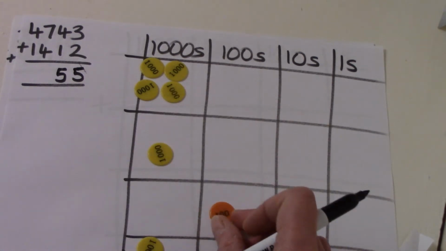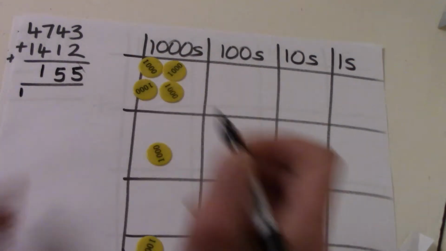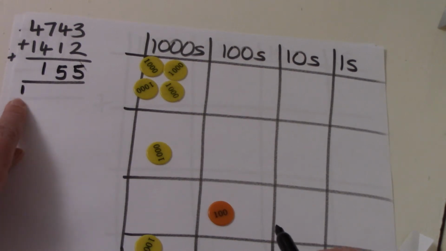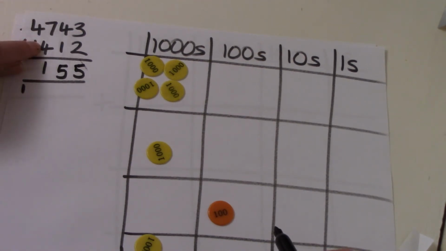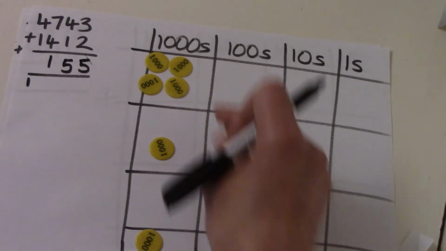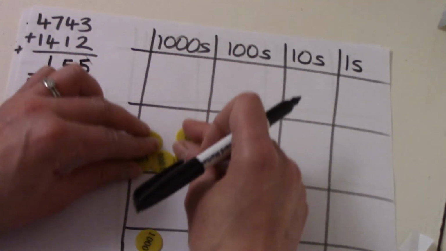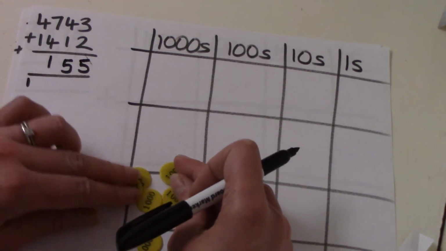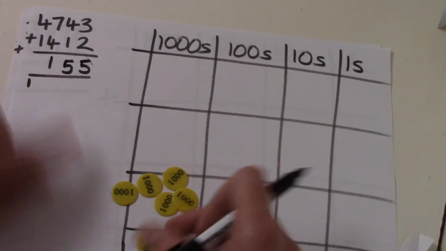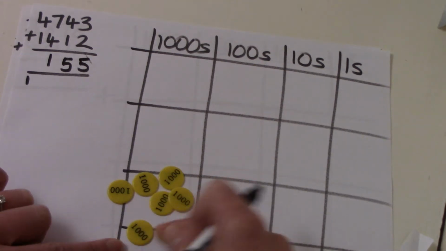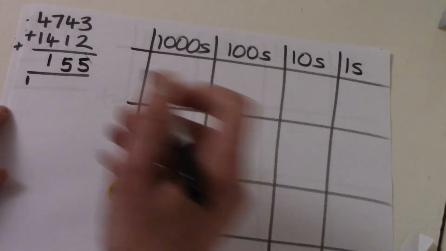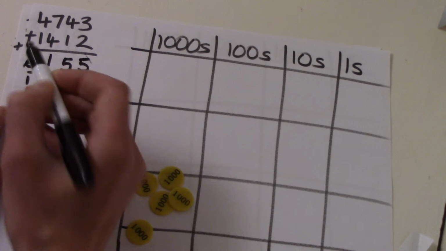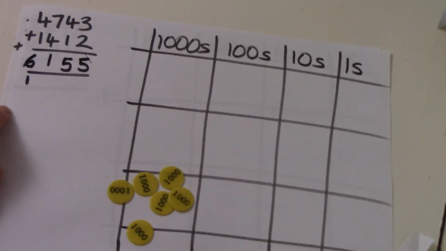Okay, so we end up with 100 and 1,000. 700 and 400 is 1,100. And then when we add the thousands together, we bring them down. We've got 4,000. We're adding on our 1,000, but don't forget this 1,000 we generated when we regrouped the hundreds. So you end up with 6,155.